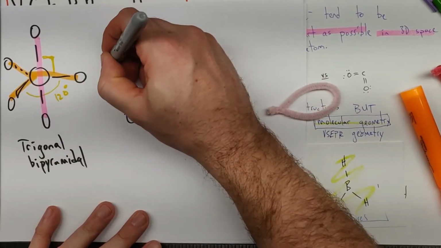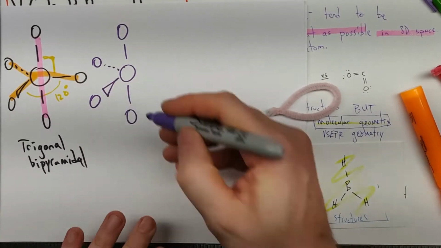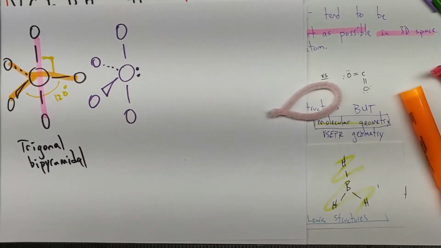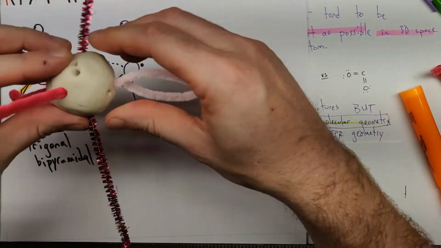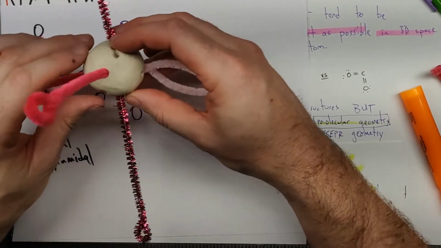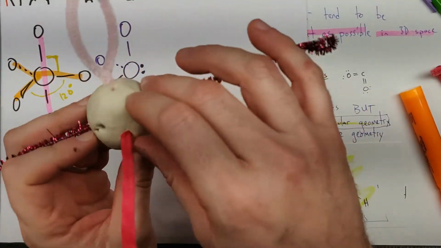And so I've still got one thing going into the plane of the page, and I've got one thing coming out of the plane of the page, and then I have my non-bonding pair right there. Once again, there it is, and it is called seesaw, and you can see that if you look at it this way. Tip, tip, tip, tip.